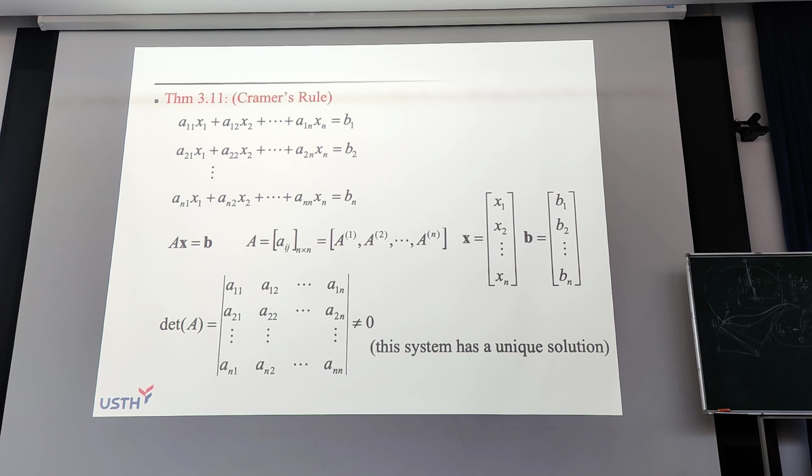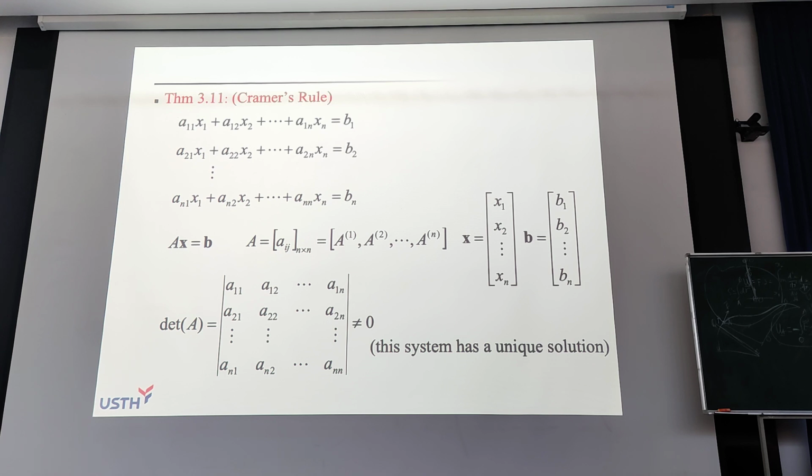In that case, the coefficient matrix will be square, and we suppose that determinant of A is non-zero. In that case, we say the system is a Cramer system. And here we know the Cramer system always has a unique solution, only one solution.